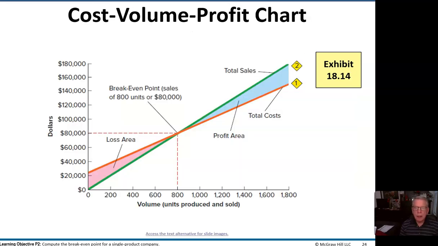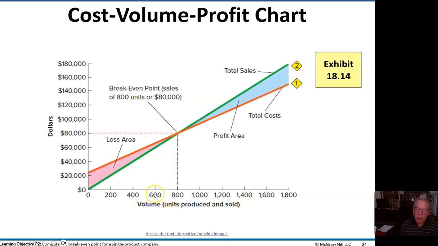Now, here is our cost-volume-profit chart. What we've done here is plot on the green line total sales, and on the red line our variable cost per unit.